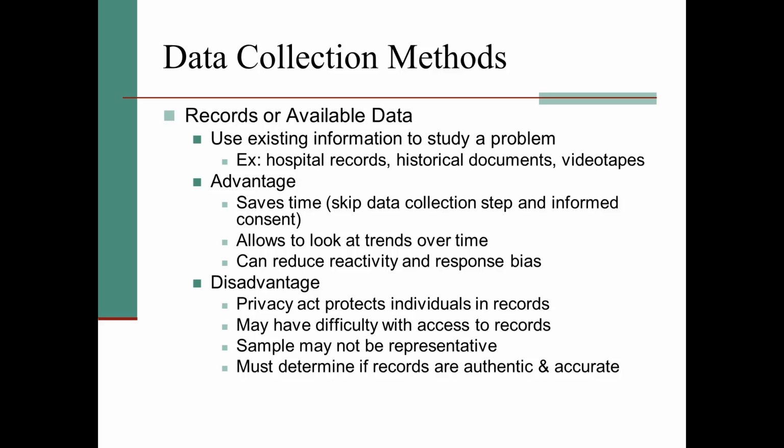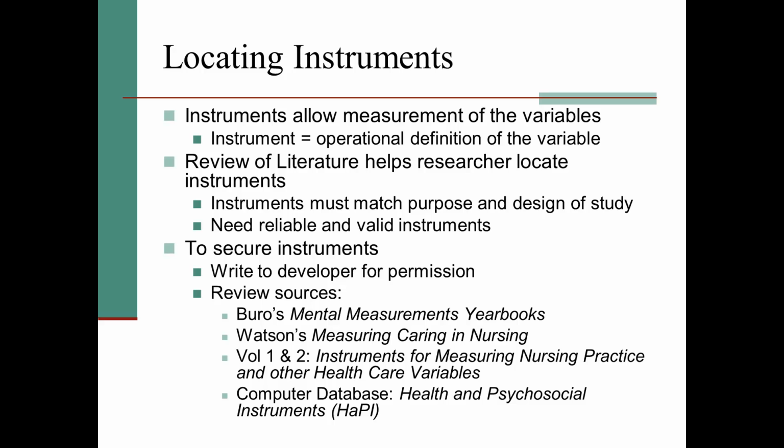Once again, privacy issues might be difficult to access. Hospitals may not give people information or access to different records for good reason. And sometimes we don't know how accurate the records are either, so that's another issue.